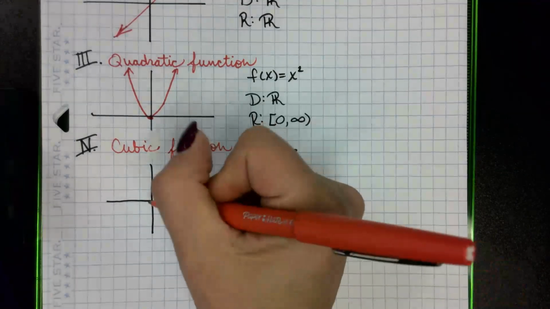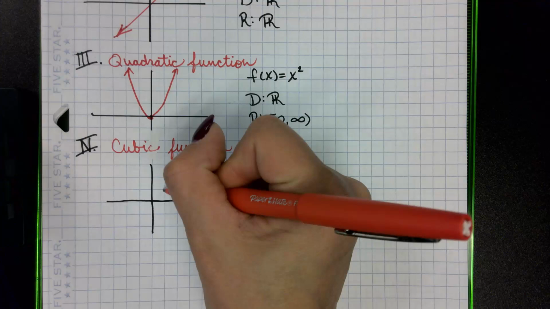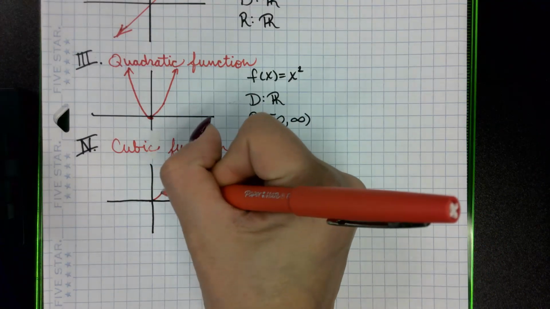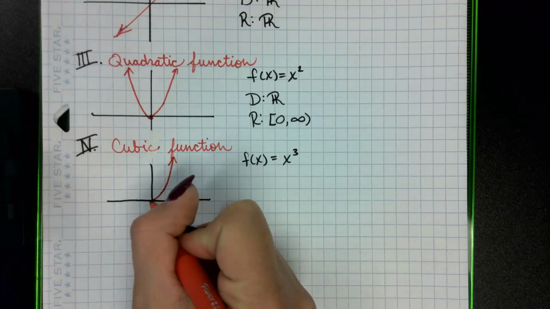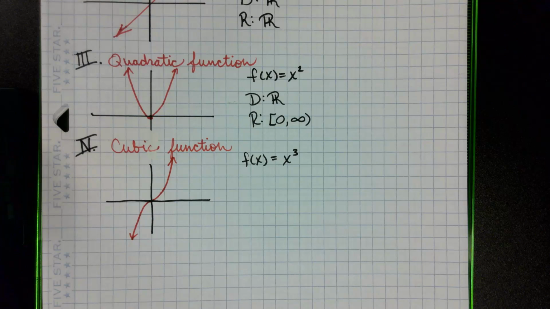Graph that one. I know 1 to the third is still 1, but 2 to the third is 8, so it's going to be very steep after you get past that 1. And then the negative values, a negative x value gives you a negative y value when it's raised to an odd power.